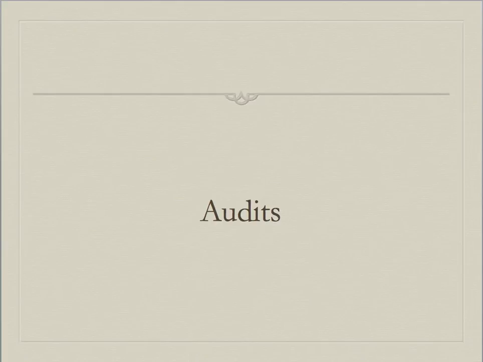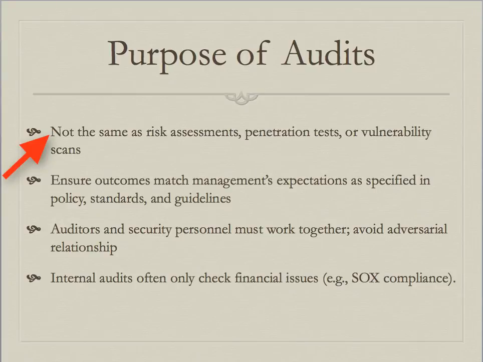Next is audits. Again, audits are not the same as risk assessments, penetration tests, or vulnerability scans. The purpose of an audit is to test outcomes and make sure they match management's expectations as specified in policy, standards, and guidelines. Management's expectations become what we call key controls in an audit.